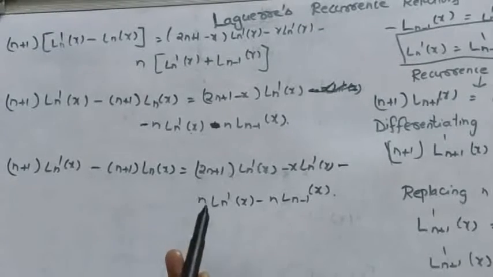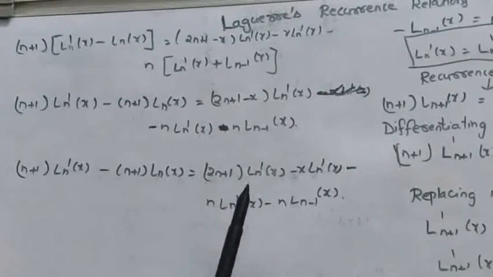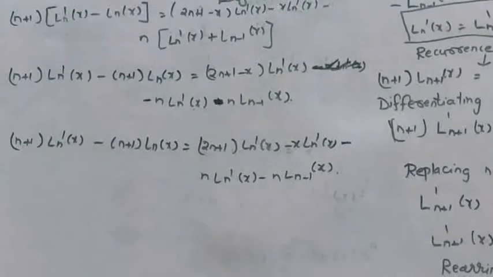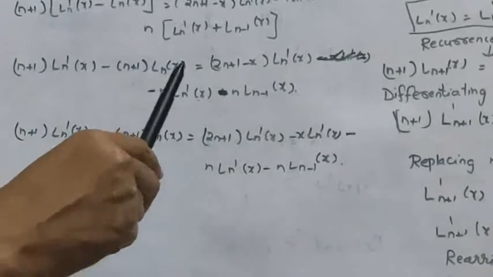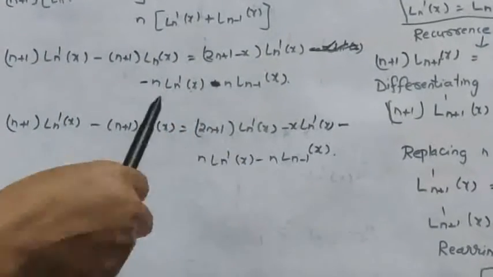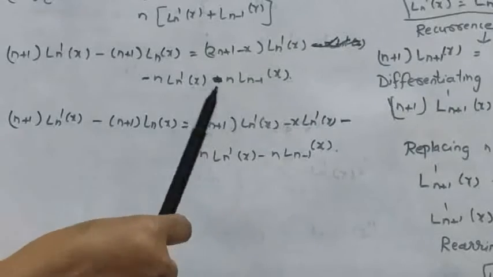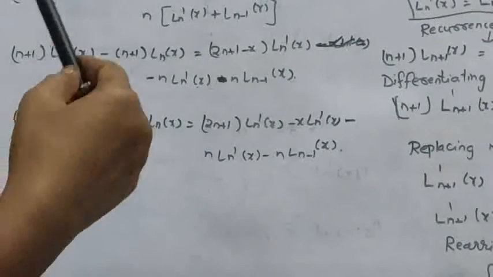Now here what we are going to do is, except n plus 1 minus n plus 1 ln of x, you send to the RHS side, and bring this term and this term to the LHS side.